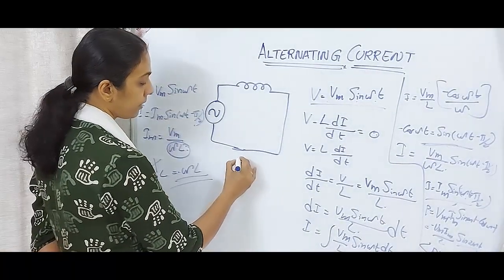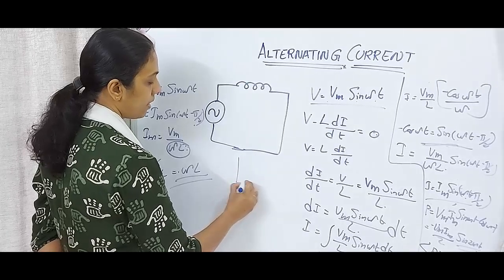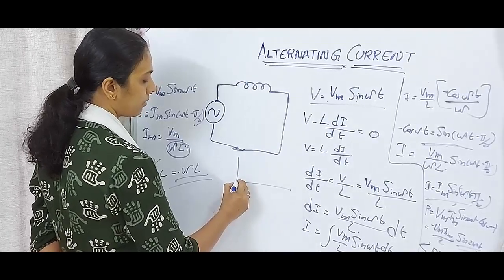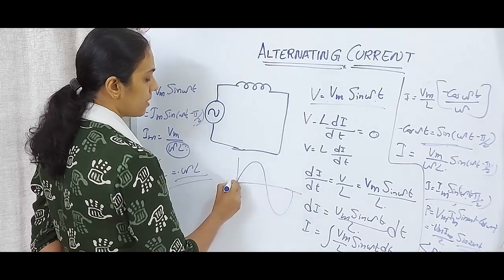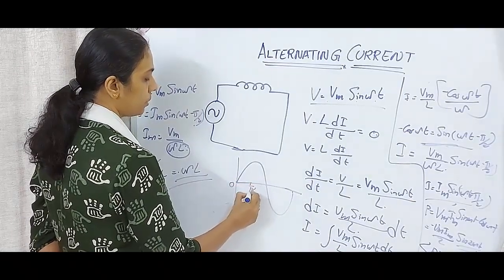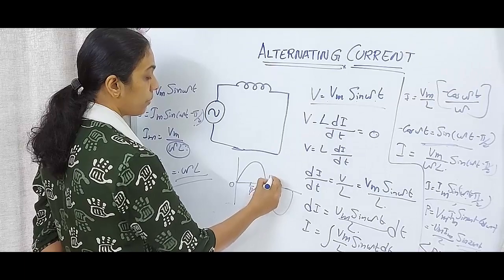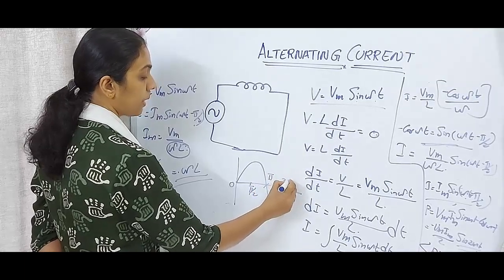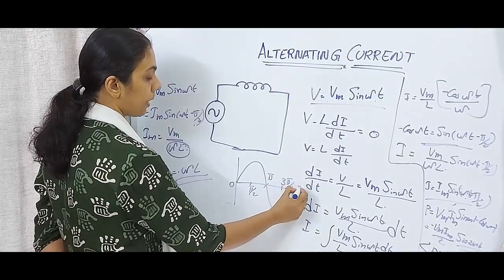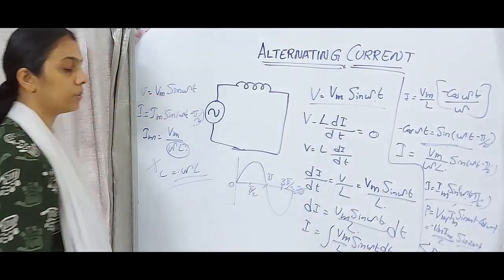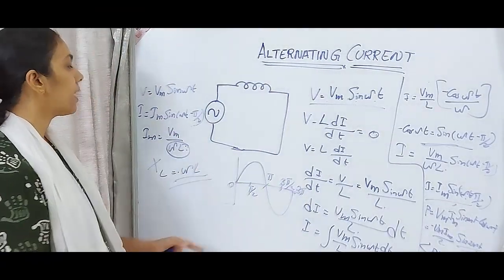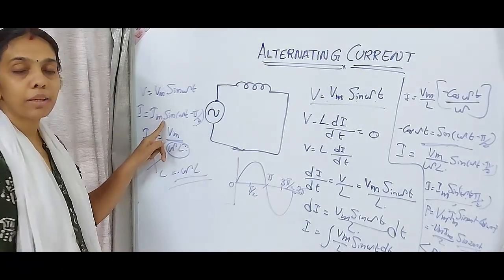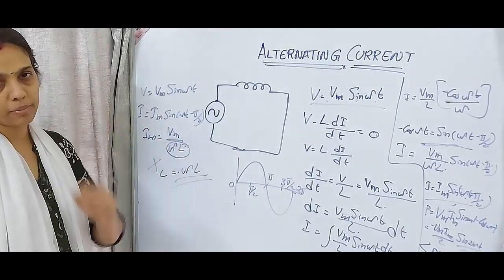See here. First, I will draw the diagram for voltage. This is the diagram for voltage: 0, pi by 2, 2 pi by 2, 3 pi by 2, 4 pi by 2. Okay, so this is the voltage, and the current is lagging behind by pi by 2.